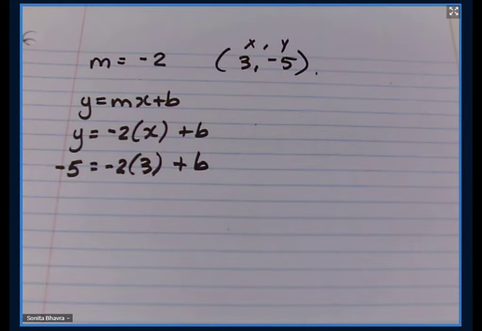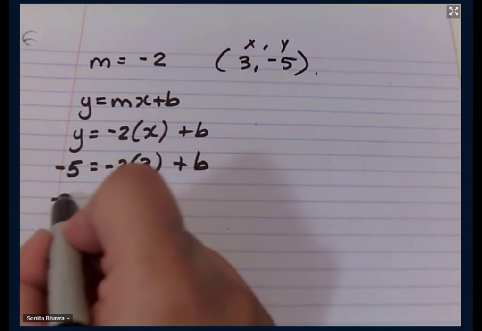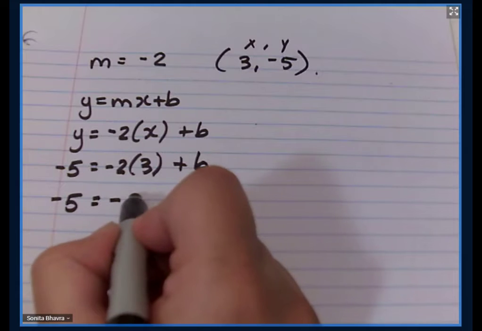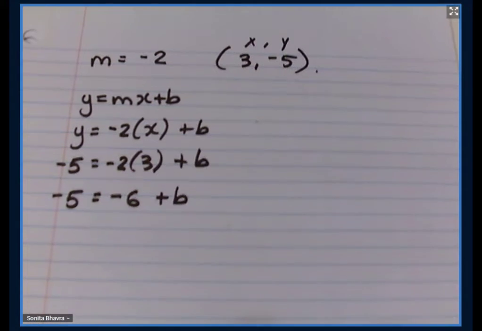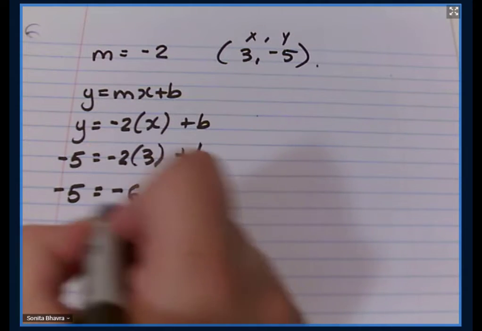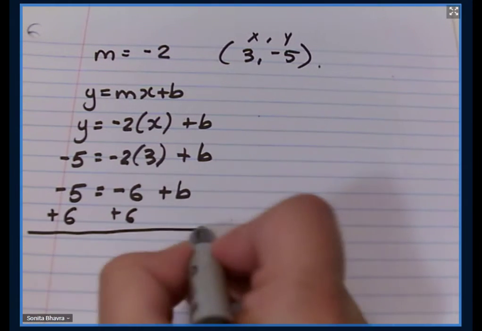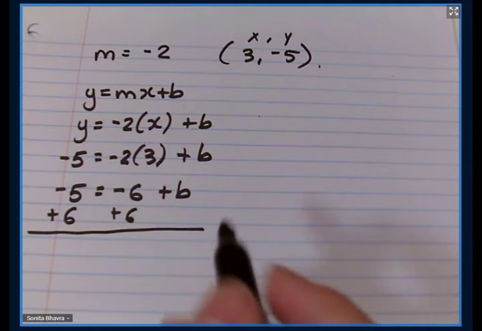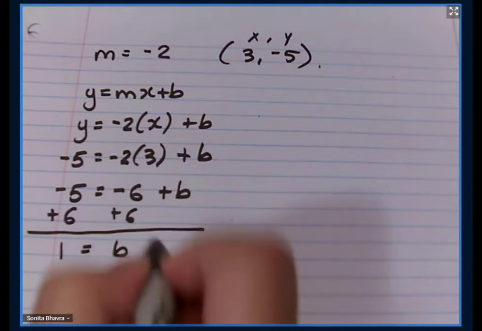Okay, so he's going to end up with negative 5 is equal to negative 6 plus b. And then he can add the 6 to both sides. So plus 6 plus 6. And he ends up with 1 for b.